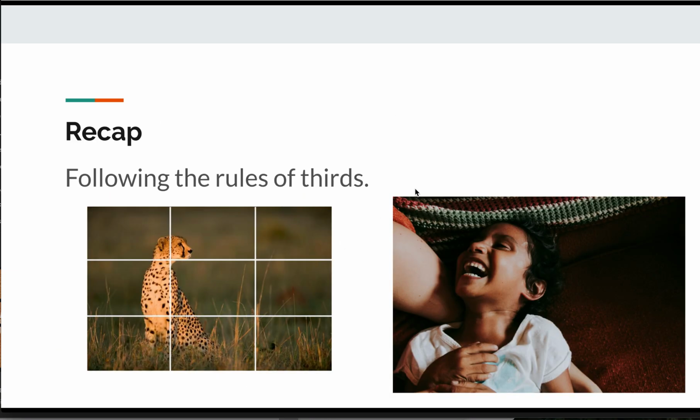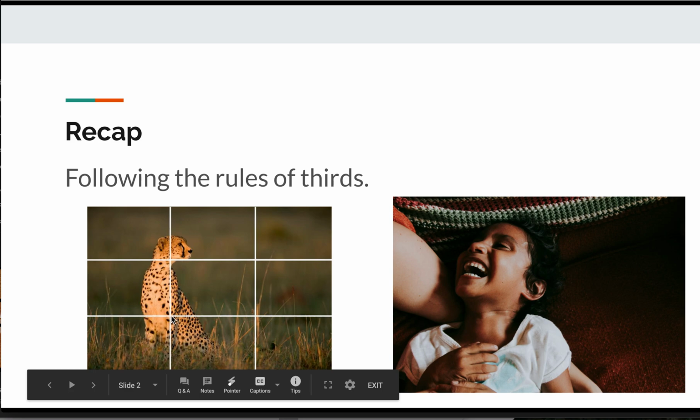Okay, just to recap really quick, the first week we met, I had a slideshow about following the rule of thirds. In that, we have the cheetah example of having your subject or object, whatever you're taking a picture of, fall at the intersections of these lines.